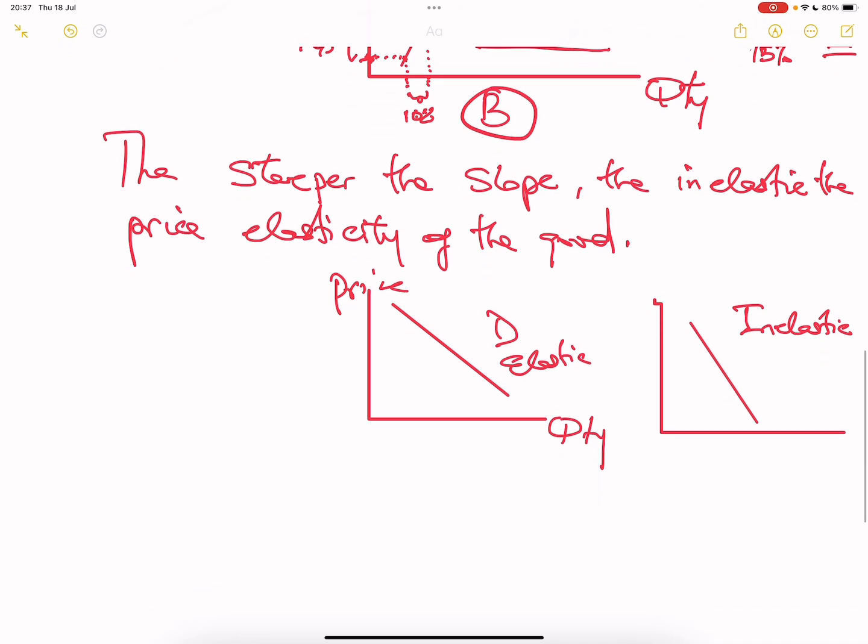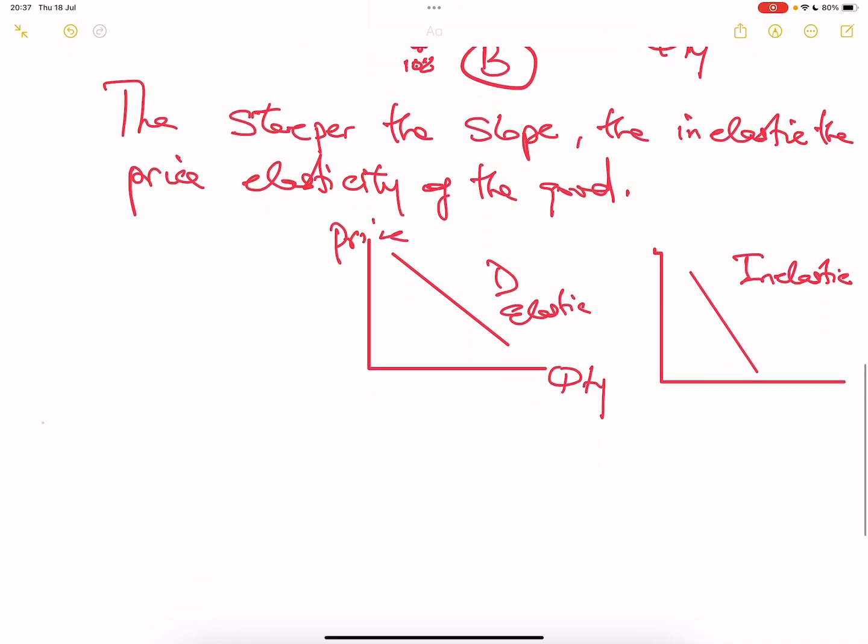Please take notes, because in exams you can have sample graphs and you are asked to deduce which product is most elastic or least elastic or most inelastic or least inelastic. Please just know that the steeper, the more inelastic the elasticity is.